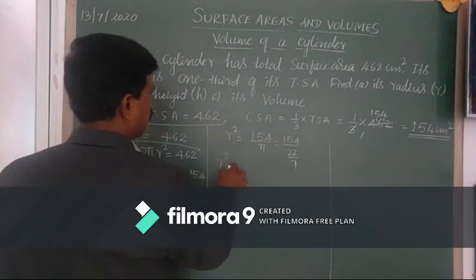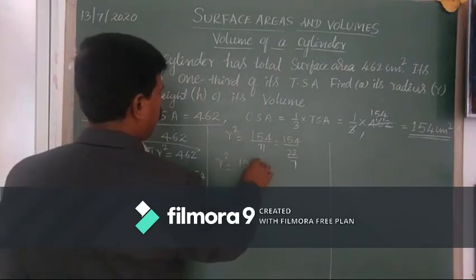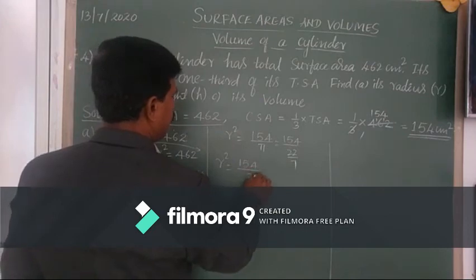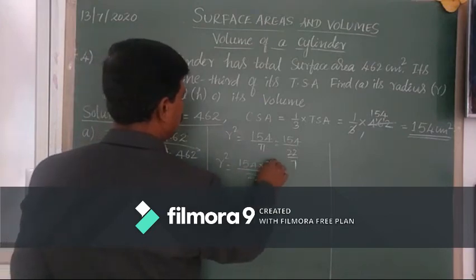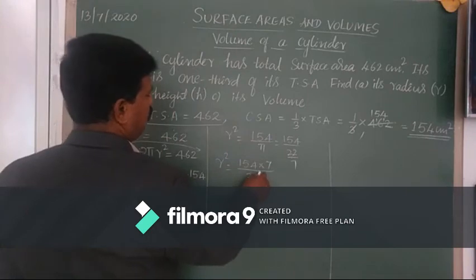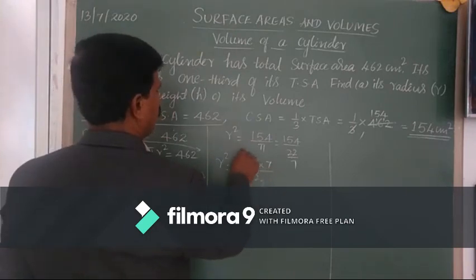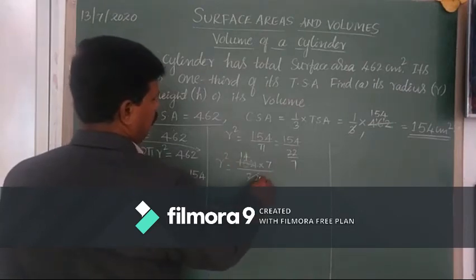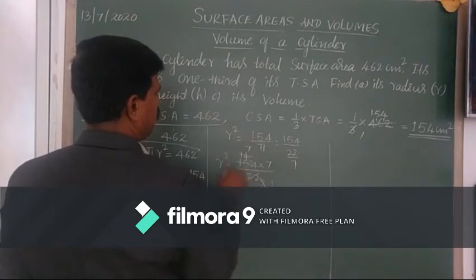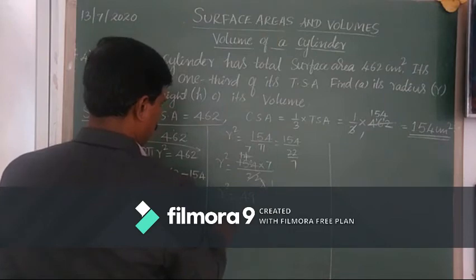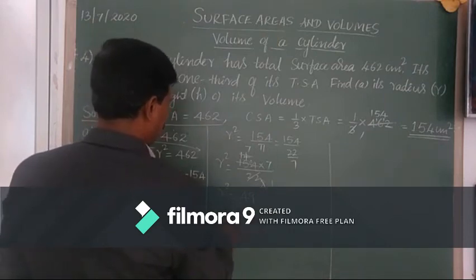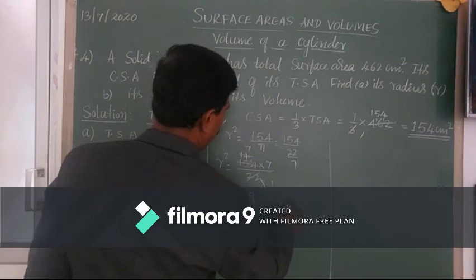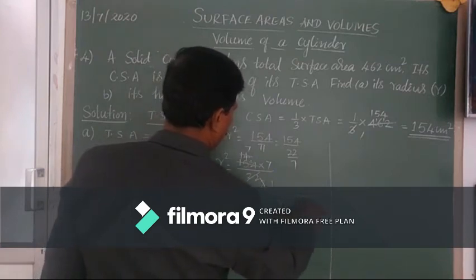So r square is equal to 154 by 22 into 7. Now 11 twos are 22, 11 ones are 11, 11 fours are 44. Again, 2 ones are 2, 2 sevens are 14. So r square is equal to 49. So r is equal to the square root of 49. So r is equal to 7.